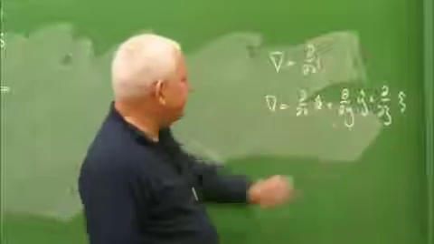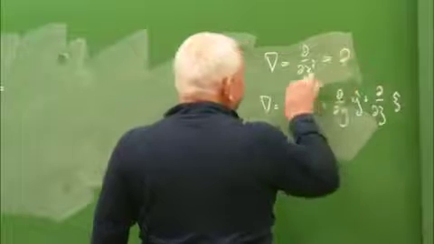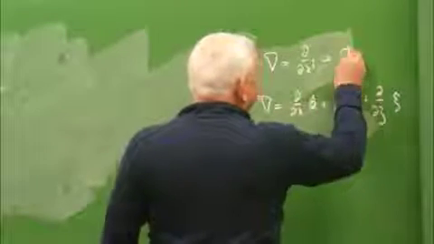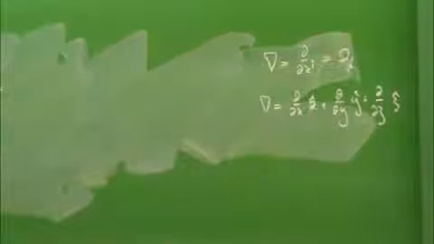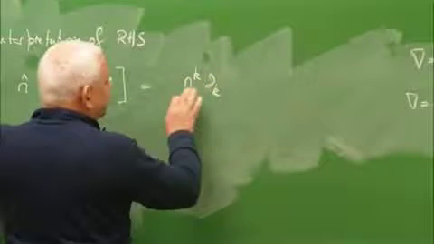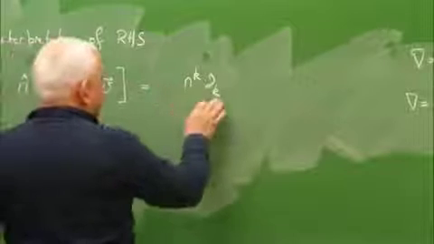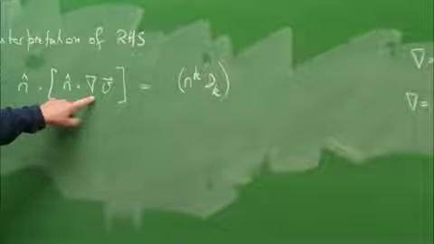It's the three components of this vector operator. It's convenient to abbreviate the derivatives with respect to a space coordinate by shortening the partial derivative symbol, and I will use the partial symbol subscripted with the i to denote that derivative. So what we have here is n dot nabla, this is nk, partial derivative subscript k. That is n dot nabla.